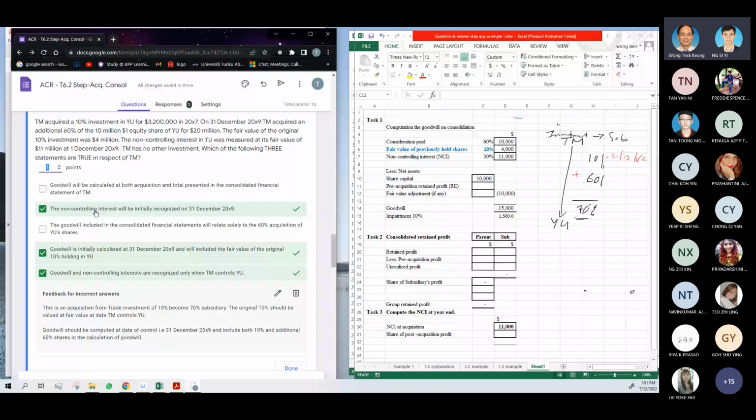Yes, at first gain of control. When you get your 60% on 31st December, you gain your control. Goodwill will be included in consolidated financial statements only for 60% is wrong, it's for the 70%. The original 10% you fair value it. TM recognizes only when it controls you? Yes, when you reach the 70%.